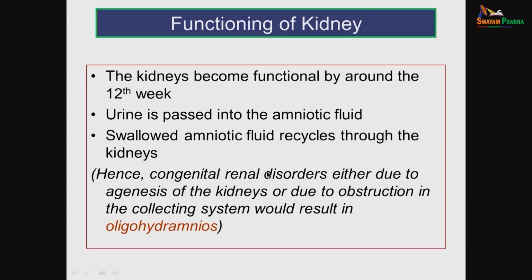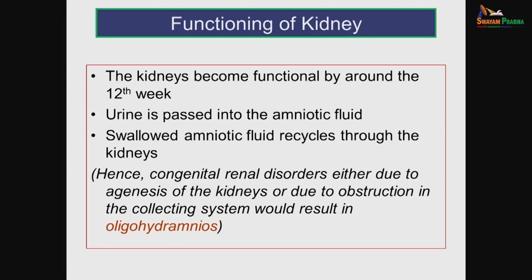The importance of this is that if there are congenital renal disorders, for example agenesis, where the kidney is not formed, or there is obstruction in the collecting system, the mother will present with oligohydramnios, very little amniotic fluid.